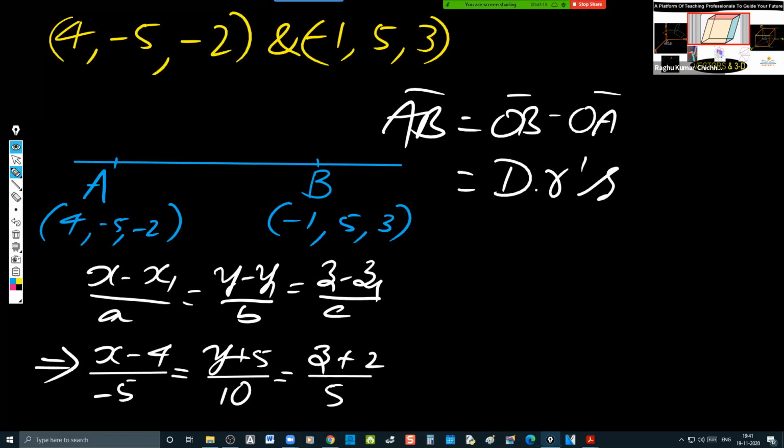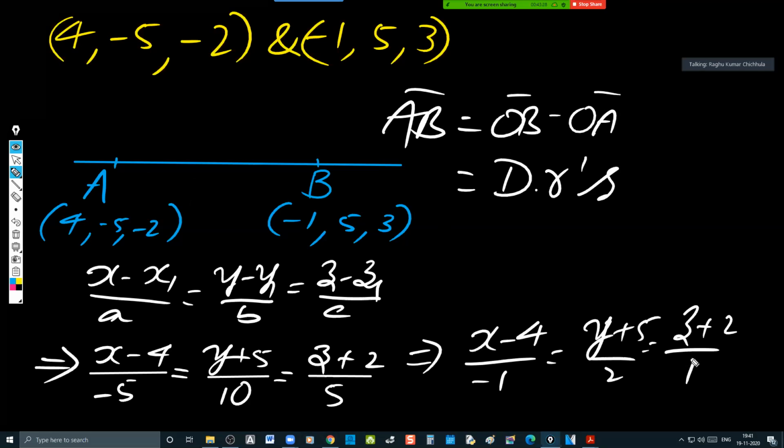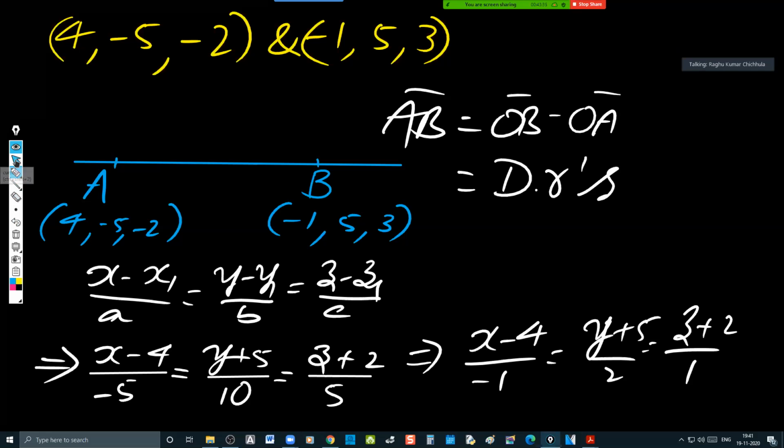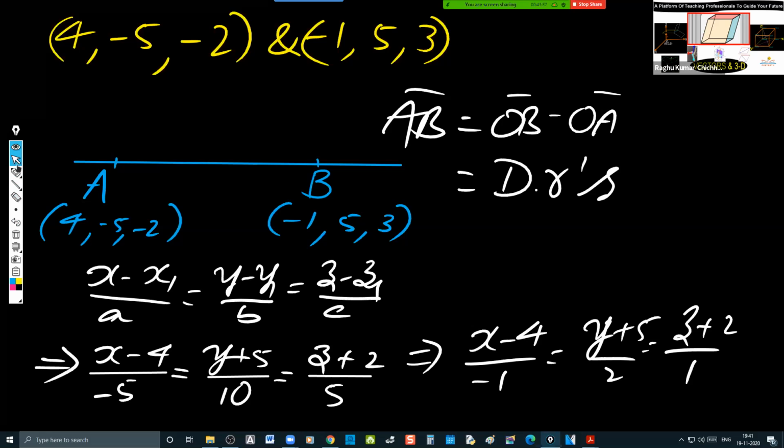Even it can also be written like this: (x minus 4) by 5, (y plus 5) by 2 is equal to (z plus 2) by 1. It can be written like that also, in simplest form, because we can divide with 5. That's what the equation of a 3D line is.